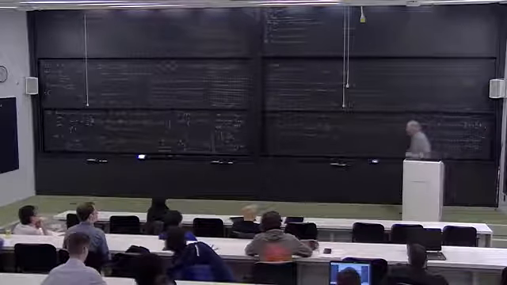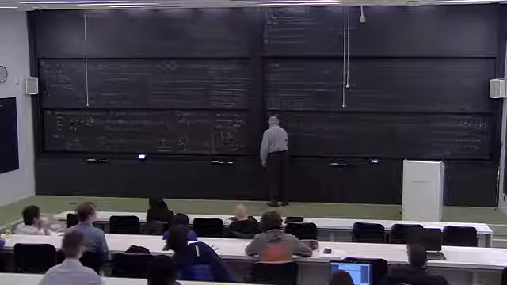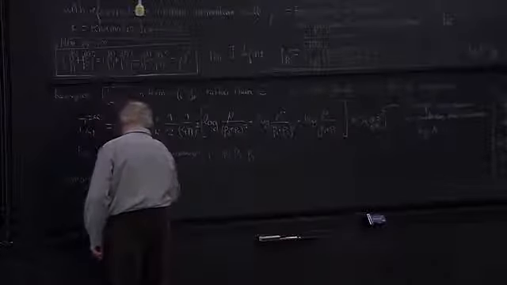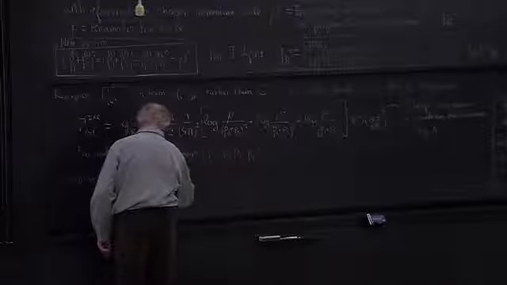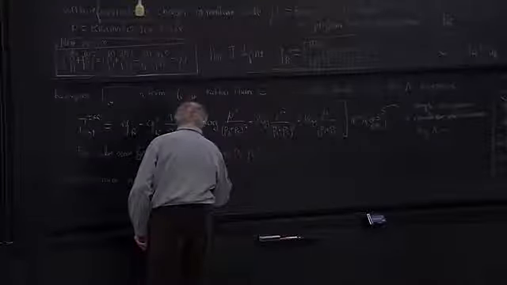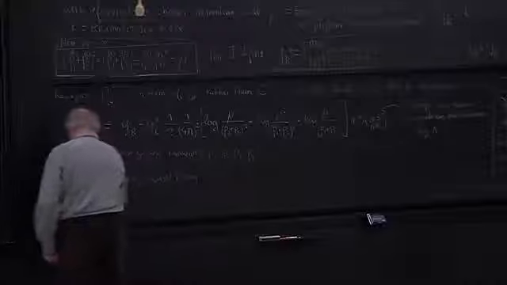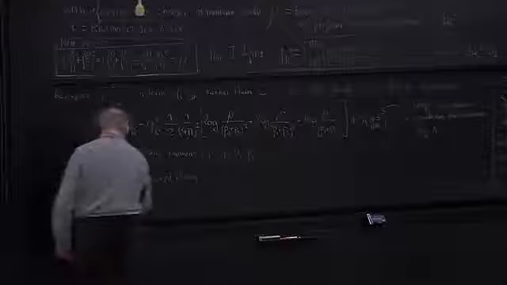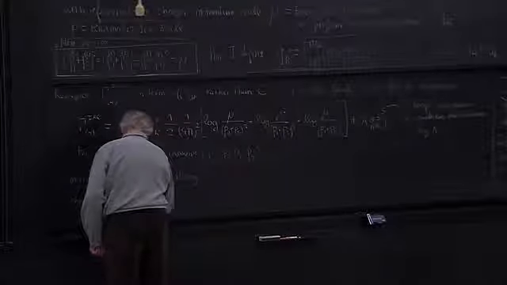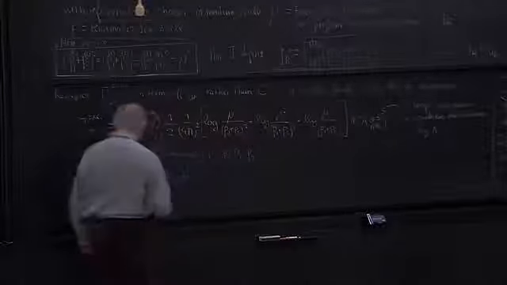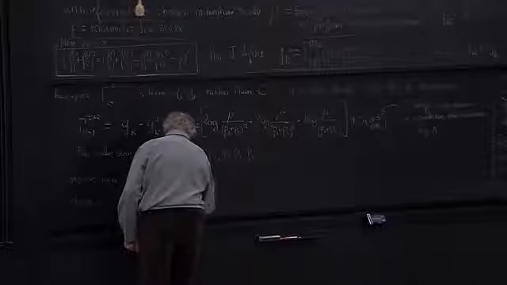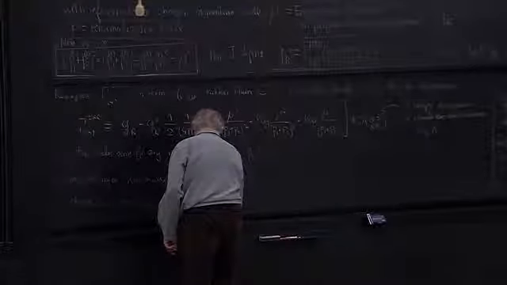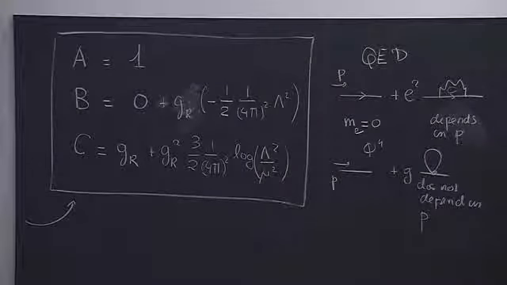So constructing a renormalized theory amounts to this: you choose mu, your renormalization scale, choose a value of GR, choose MR to be equal to 0, the physical mass, because that's something we choose at the beginning.